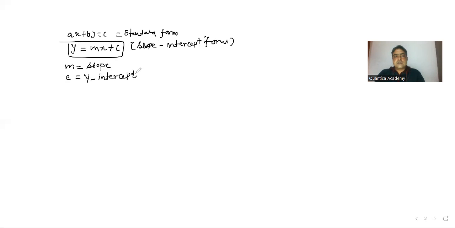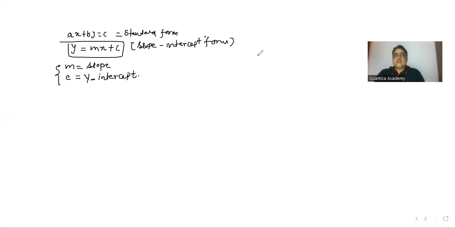So let us understand these two terms, that is m and c, slope and y-intercept. What do they mean to us? A general definition of slope is that it is an inclination or a tilt of a line over the x-axis.